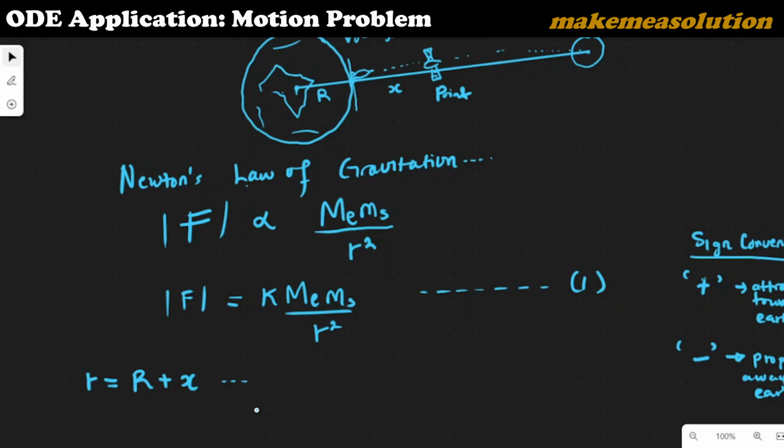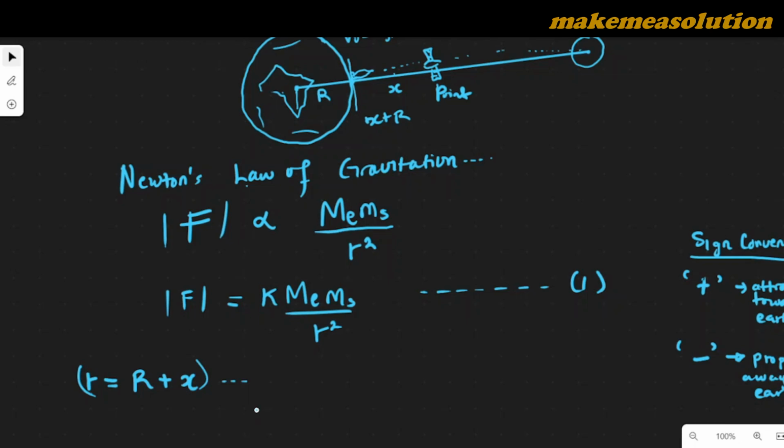So you agree with me that from this point to this particular point is the sum of x and R, or R plus x. So at any particular point in time, r is given to us as R plus x, where R is the radius of the Earth and x is the distance of the particular mass or the satellite from the surface of the Earth. Is that okay? So let's continue.